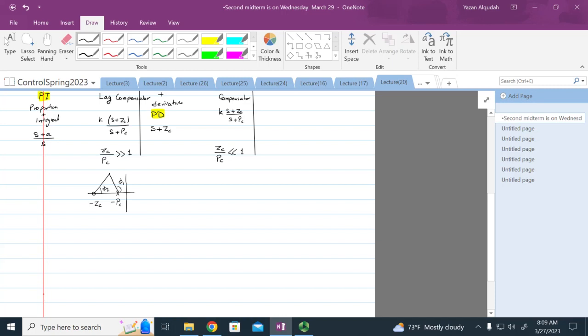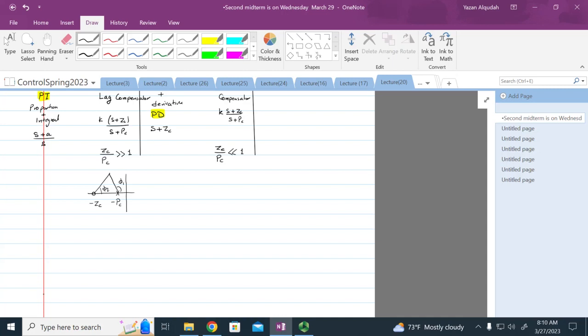And remember, what is the angular criteria for the root locus? G of S1 and H of S1 is 180 degrees.